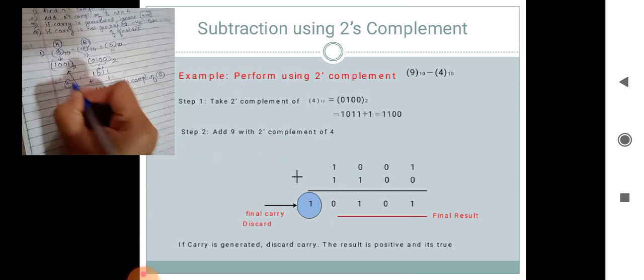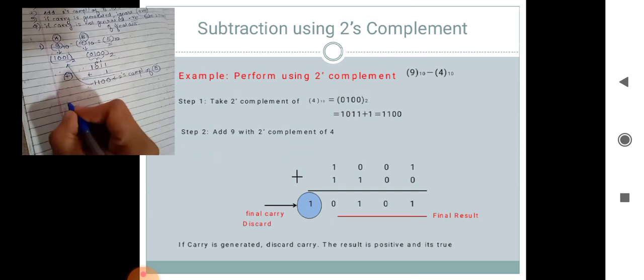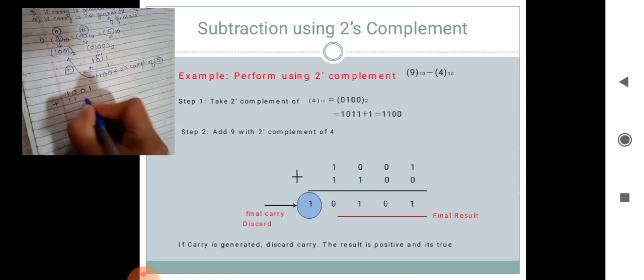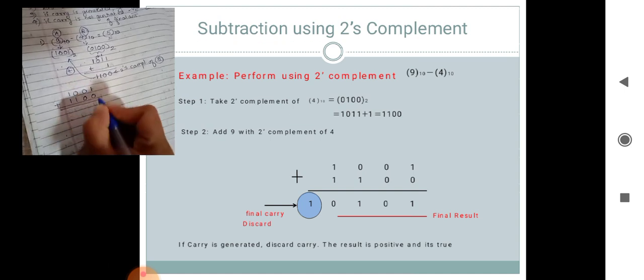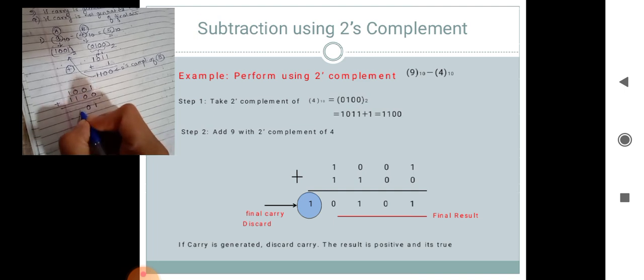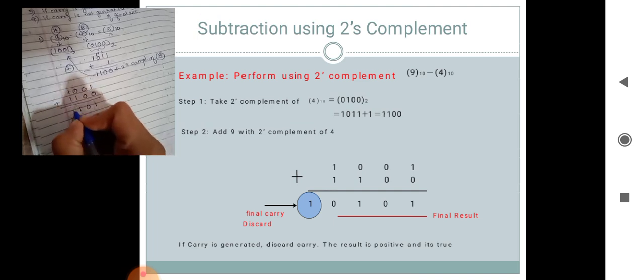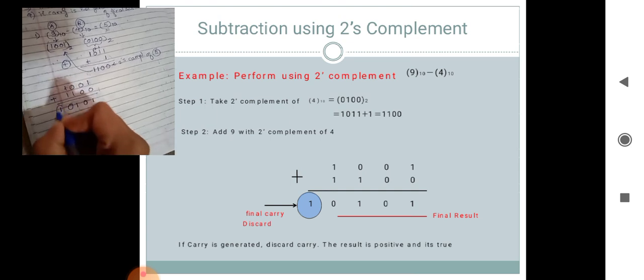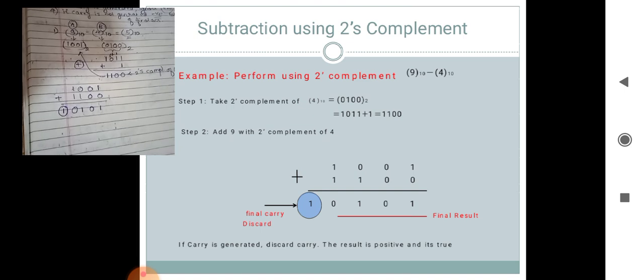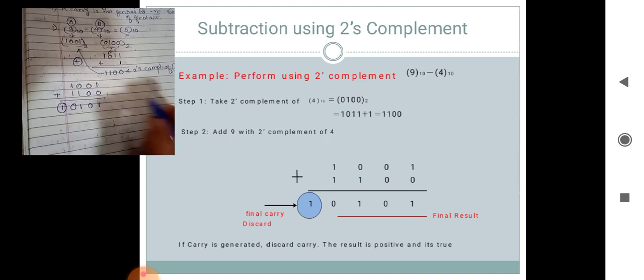We have to add these and these. So perform the binary addition. 1 plus 0 is 1, 0 plus 0 is 0, 0 plus 1 is 1, 1 plus 1, sum 0, carry 1.